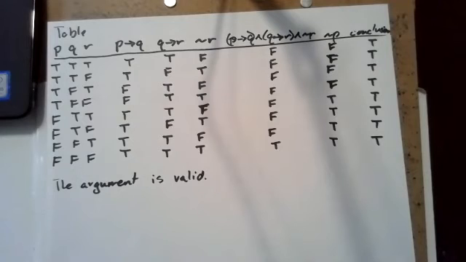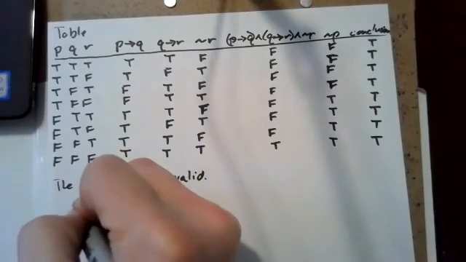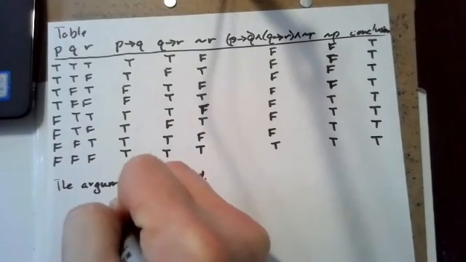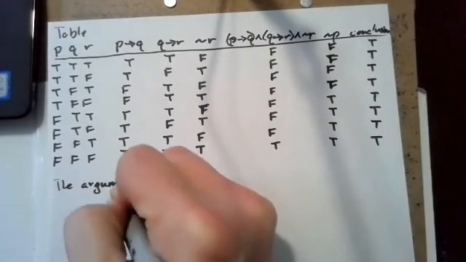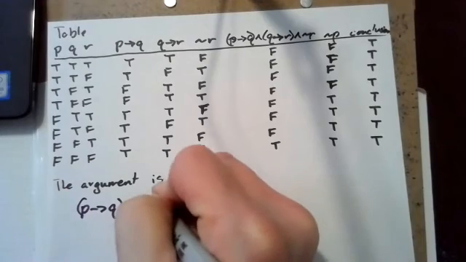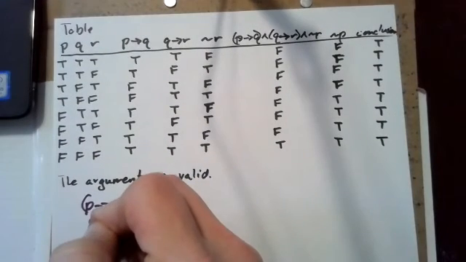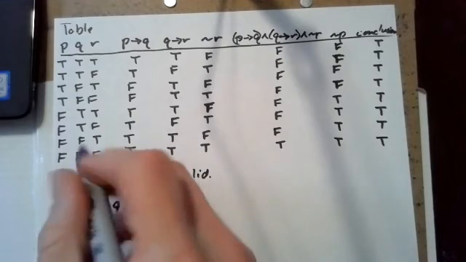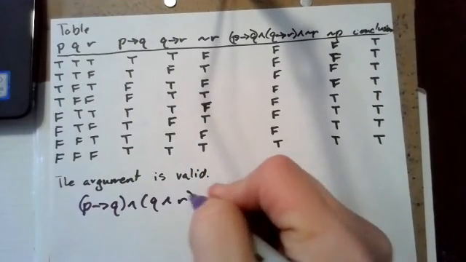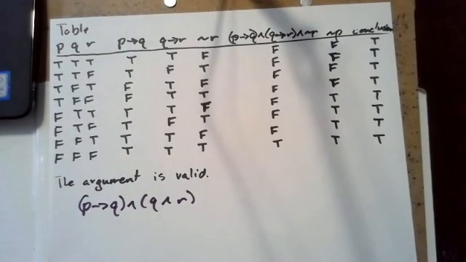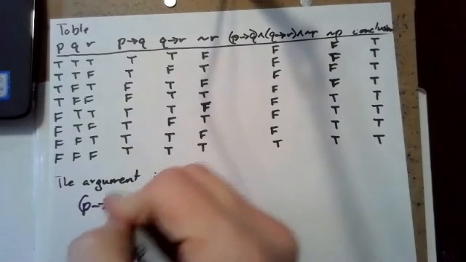For the first 2 statements, we have P implies Q and Q implies R. Well, that's our reasoning by transitivity, because this would tell us that P implies R.